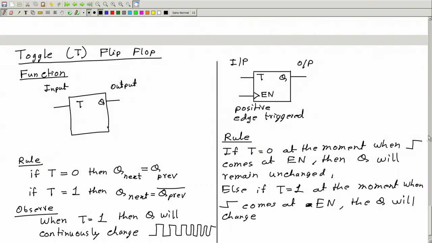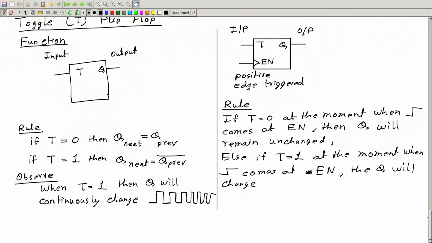So what does it mean? Say if I draw some timing diagram like this, let this be time, and let this be the toggle T, and say T is varying like this. It is initially 0 from here to here, and then say it becomes 1 from here to here.